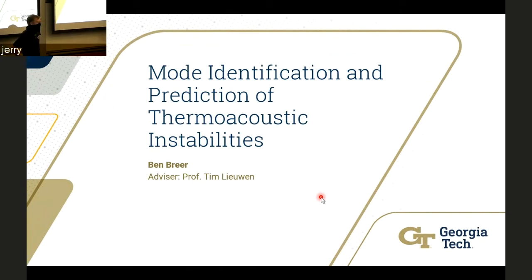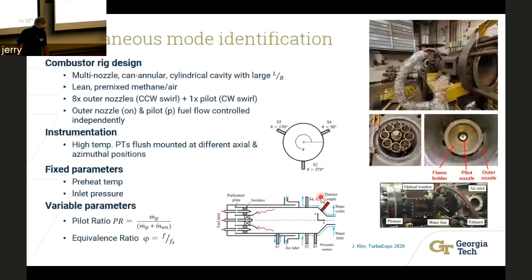So that's a good question. We have high frequency, high temperature pressure transducers. The first set of data that we grabbed from this rig, they were fairly low frequency transducers compared to this project. We're talking like 1 kilohertz.